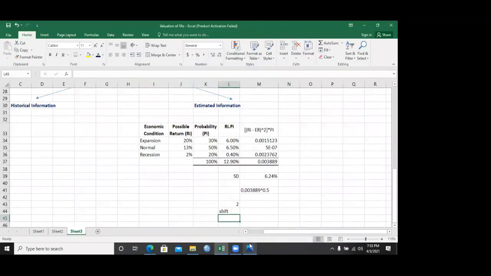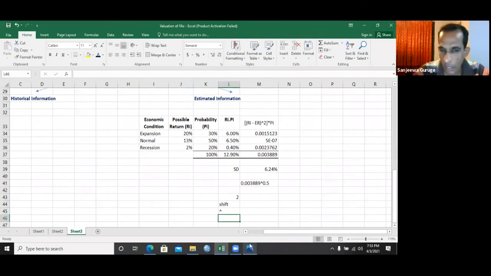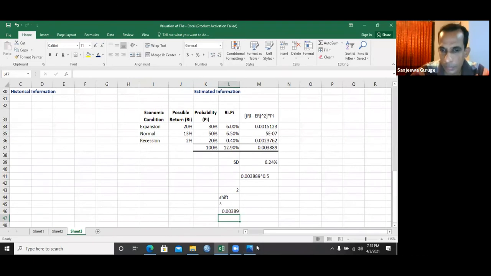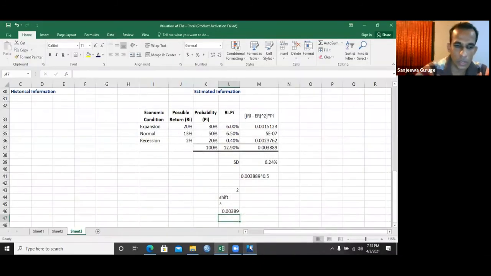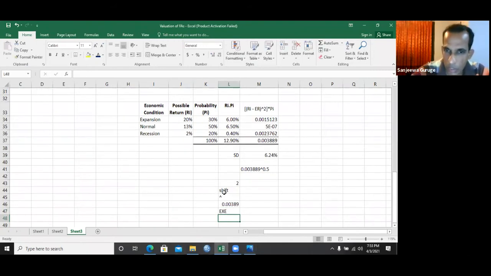You have to use this one, and after that you need to insert the value 0.0038889, and when you press exe, you get the answer. Just check the 2 methods, and you can calculate the standard deviation.